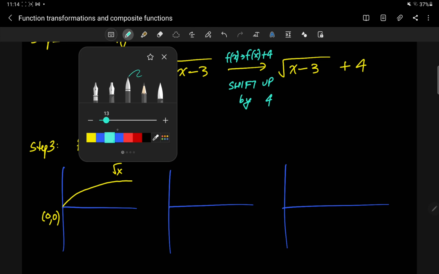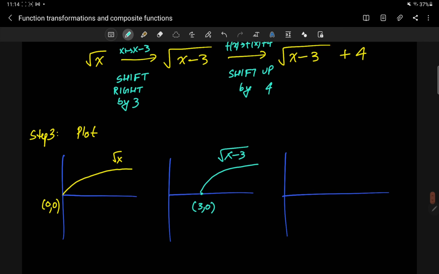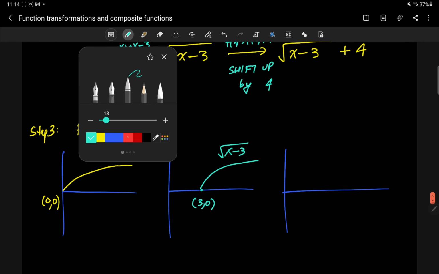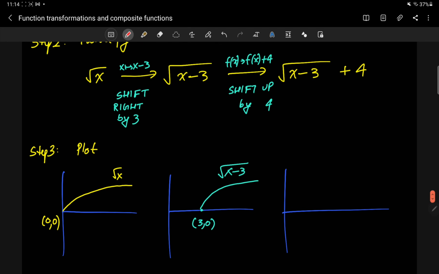Now with your first transformation, you're going to shift this right by 3. If you shift this right by 3, the (0, 0) becomes (3, 0), but the shape doesn't change. So this is now square root of (x minus 3). Then you make the second shift, which is you shift this up by 4.